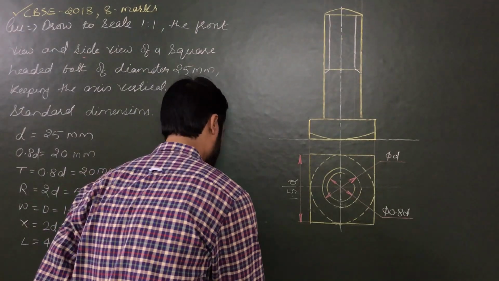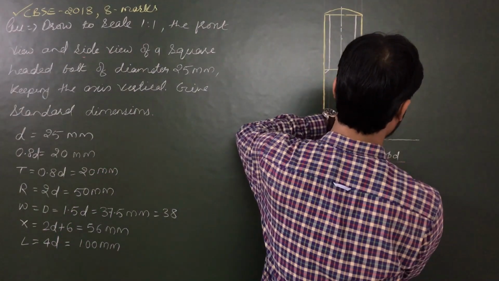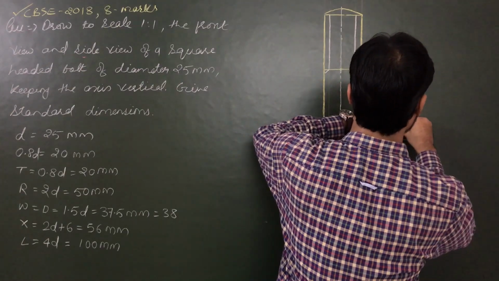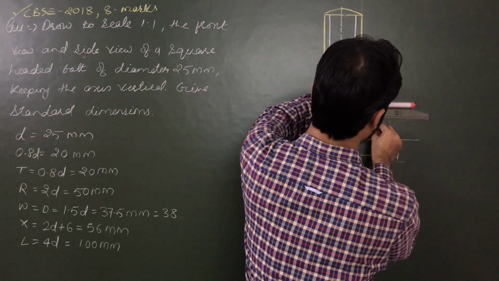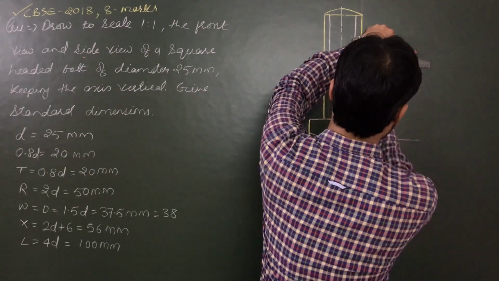Next for the head, first is head thickness and then length of the bolt. So for head thickness these are the limits.